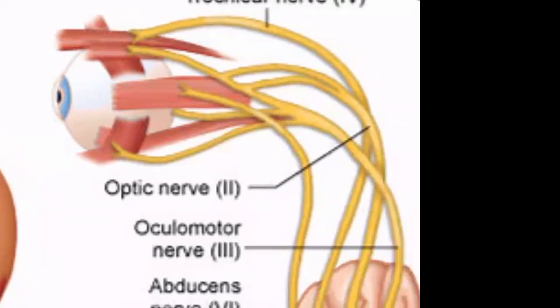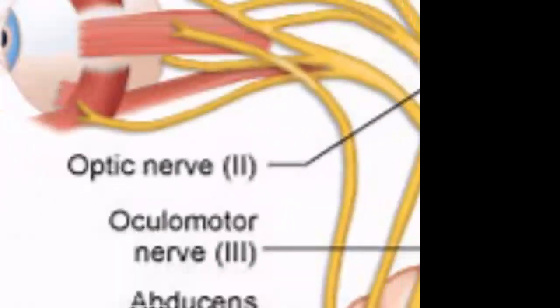The optic nerve, this is a sensory nerve, and it is cranial nerve 2. Now, there's an easy way to remember this. If you look at the Roman numerals, it looks like a capital letter I next to another capital letter I. So it's like two eyes.